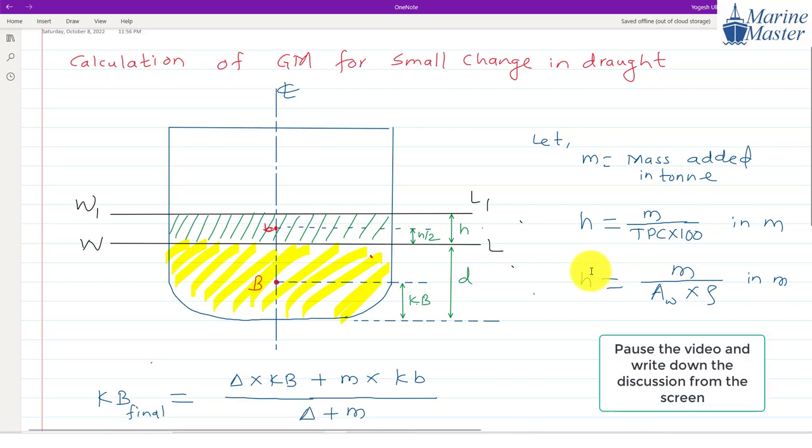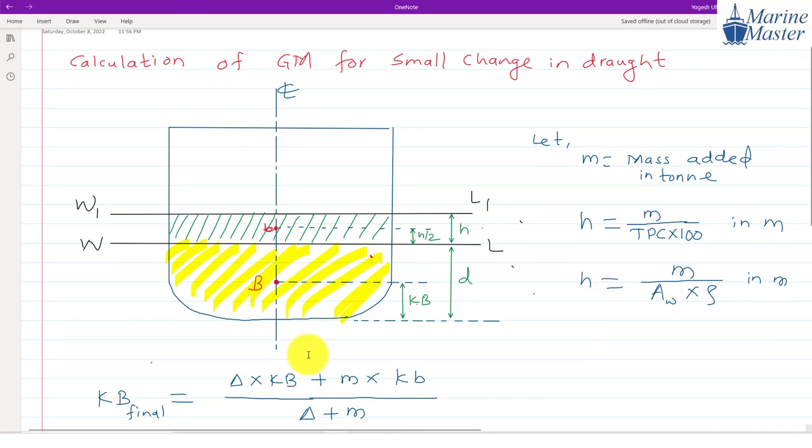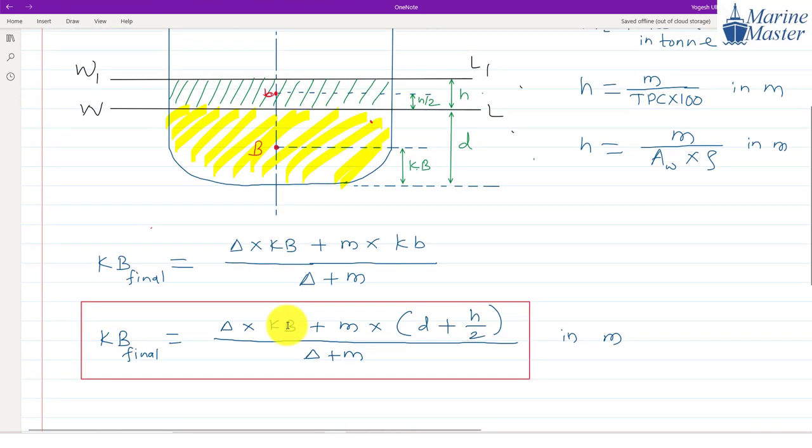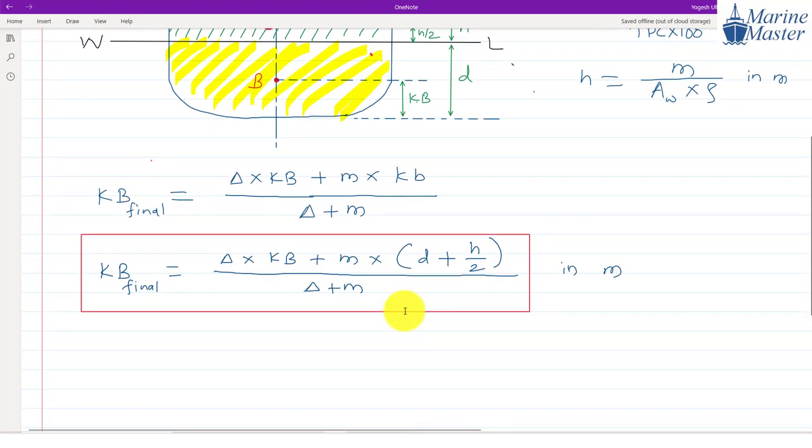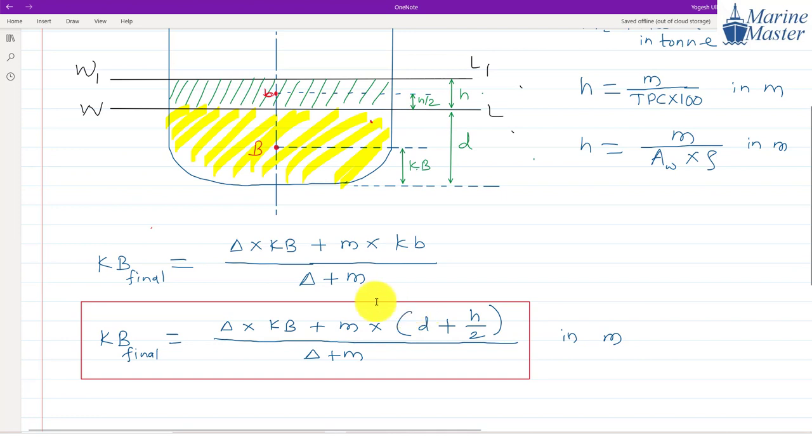Please, everyone. Now, guys, after completing this drawing, write down this discussion, guys, about KB final, everyone.